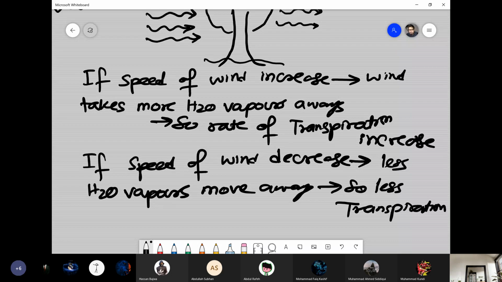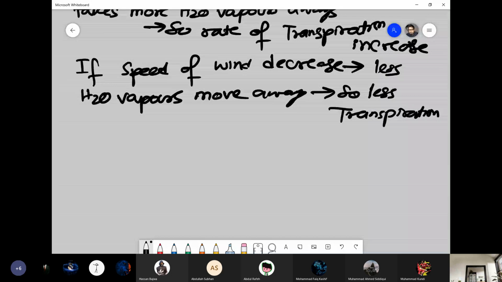Understood everyone this point? Yes, sir. Right? If the wind speed is more, there will be more transpiration. And if the wind speed is less, there will be less transpiration.